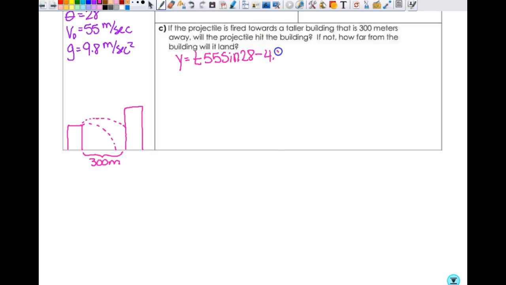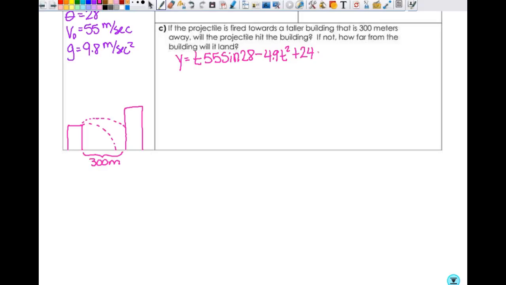Okay, so we already had the equation. But what I need to know is, oh, I don't need to know the maximum height here. I need to know what time it lands, so it starts at 0 as the time. I'm not looking for a maximum here. I've got to find the zeros, which means, again, I need to solve this.